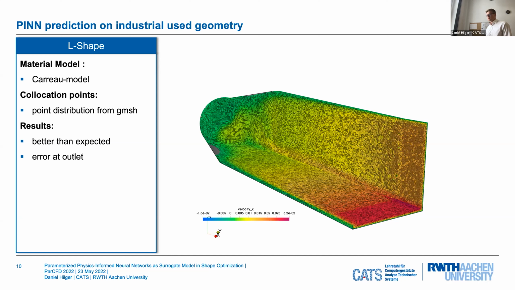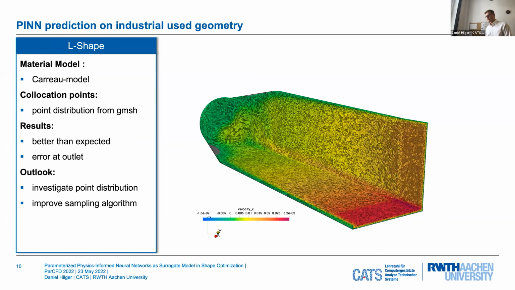What we then tried was to have an equal point distribution in the whole L part of the extrusion die, and this actually already generated better results. But this is basically just the latest findings, and we haven't had time to investigate this further.